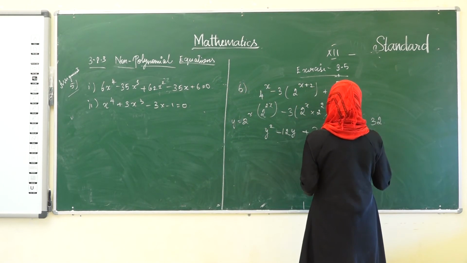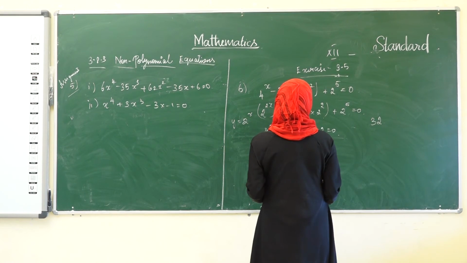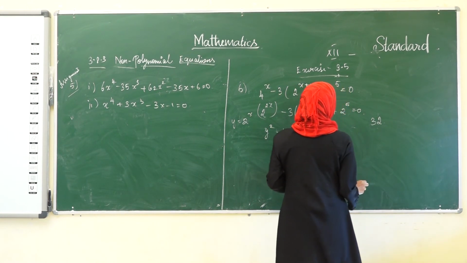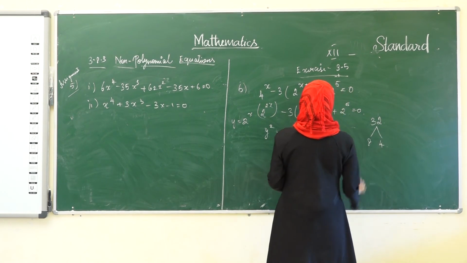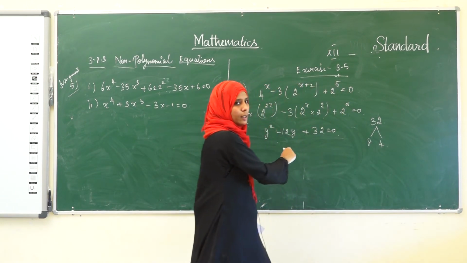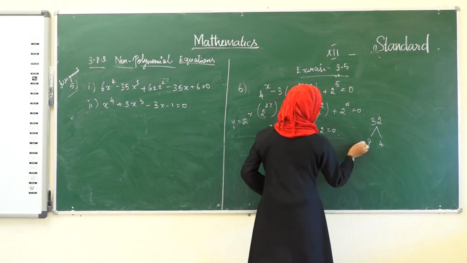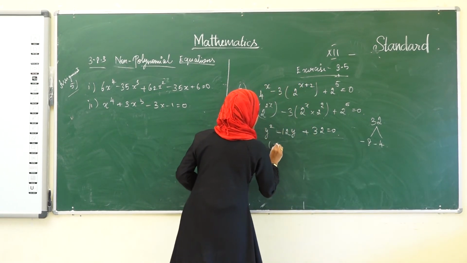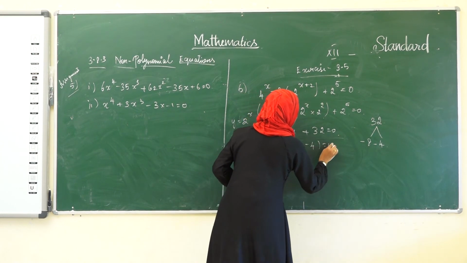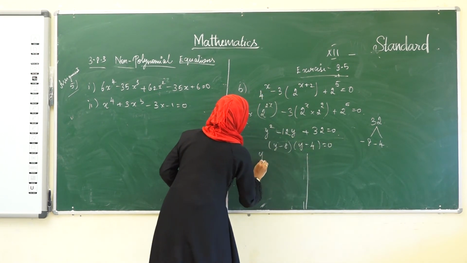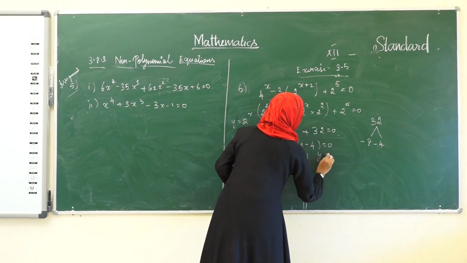Okay, we have to get 32, and on adding we should get minus 12, therefore minus on both sides. What will be the answer? y minus 8 into y minus 4 equal to 0. The value of y is equal to 8 and y is equal to 4.